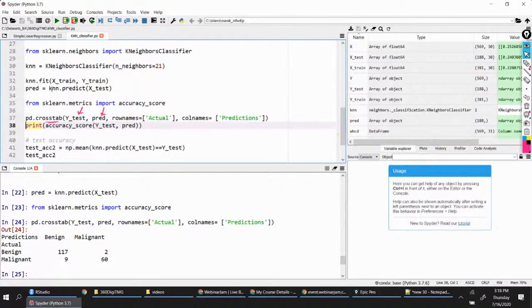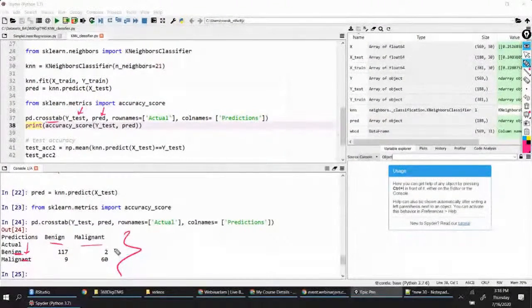It has to predict that way. And we can see here on the screen, we are passing the actual data and predicted data. The actual data is here in rows, benign and malignant, and these are the predicted values.